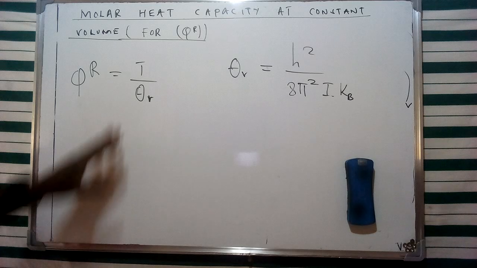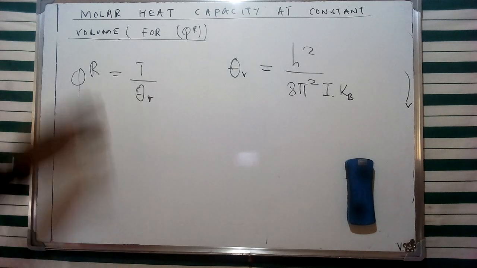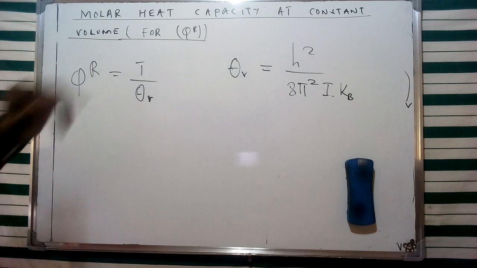So this represents the rotational partition function. And of course, from this rotational partition function, we're going to use it in describing the molar heat capacity at constant volume.